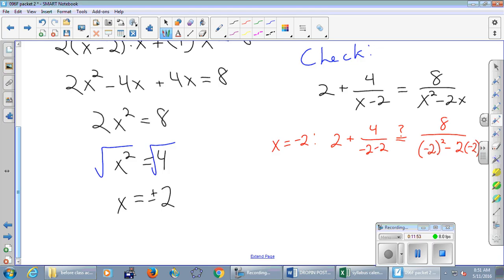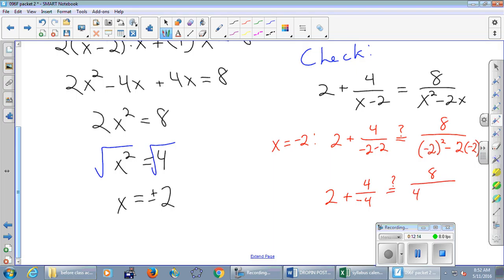Okay, let's keep doing the check here. 2 plus, let's see, that's 4 over -4 equals question mark 8 over, this is -2 squared, 4 or -4? It's 4. But without those parentheses, it's -4, which is not the right thing. Gotta have parentheses.